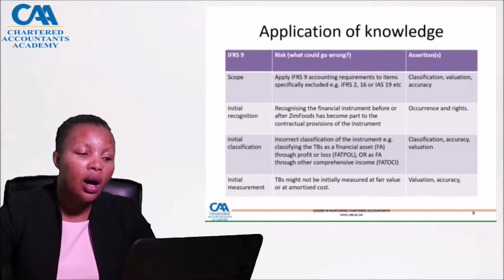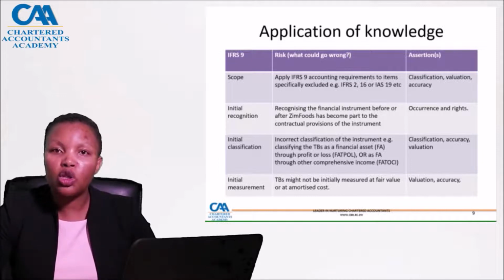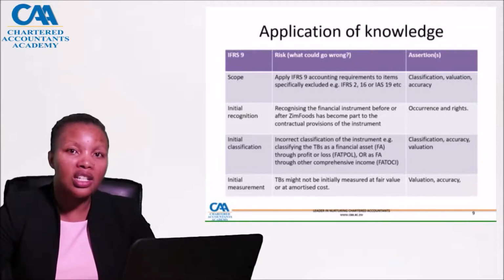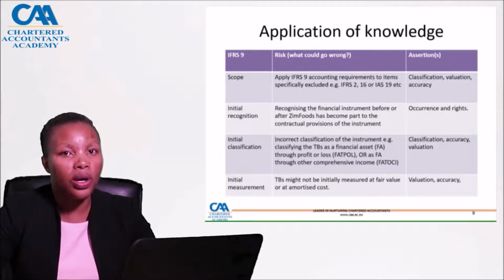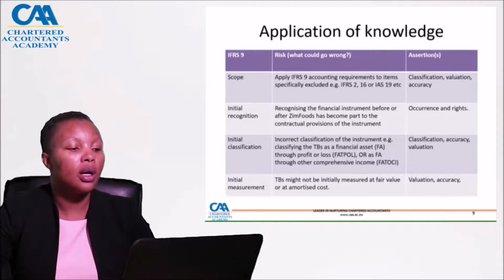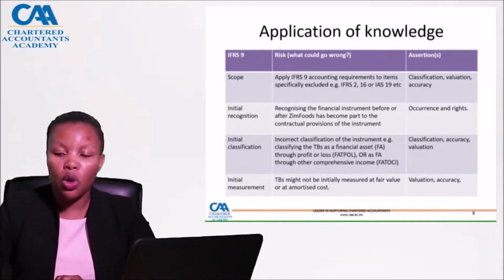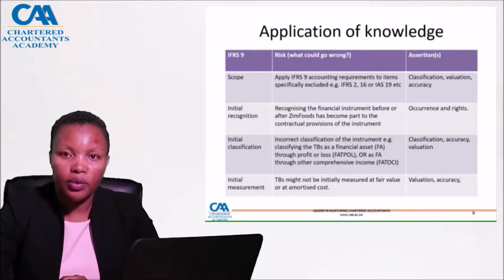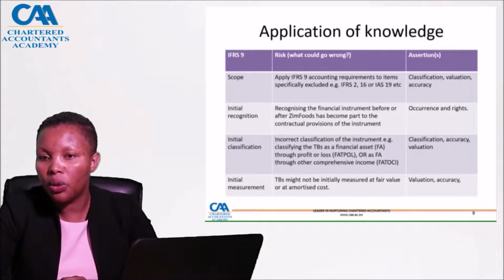So we need to formulate substantive procedures that will tell us whether the initial recognition was actually done at the correct point in time. The correct time is when Zim Foods becomes a party to this transaction. So the client has recognized using a particular date.